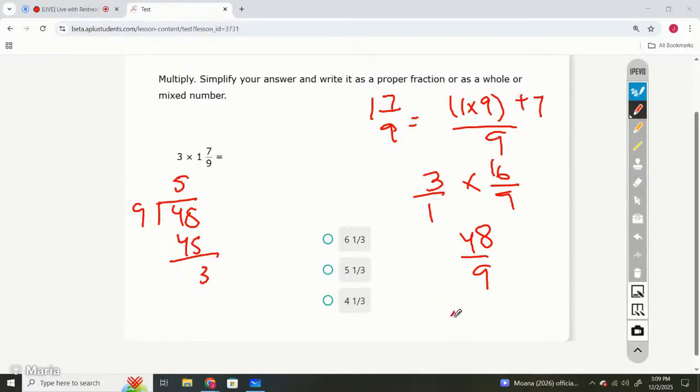So that is 5 whole 3 over 9. So let's just divide the fractional part by the greatest common factor. So that is 5 whole 1 over 3. Option number 2 is the correct option.